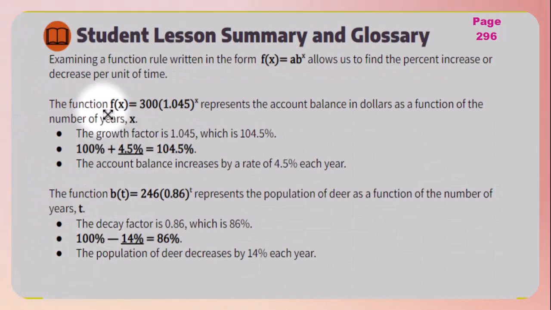All right, look at the examples of the functions, the way it's written. Initial amount is always going to be this first number that we start with. The number that's being raised to a power, and this x is going to be time, that's going to be either growth or decay. The growth factor it shows you here is 1.045, which is 104.5%.